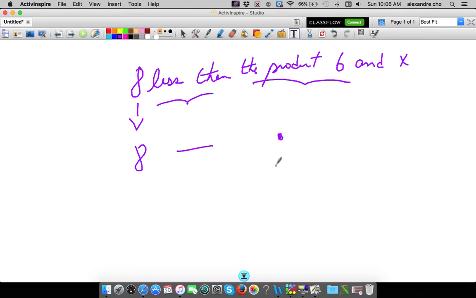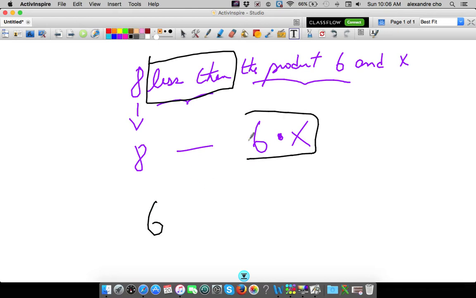Product means multiplication. So who am I multiplying? 6 and x. The key thing here is that this is a turnaround word, so we're going to turn things around. 6x, this term, is going to come to the front, minus, and the 8 goes in the back. Do we have something like that? Yes, we do. Letter A.